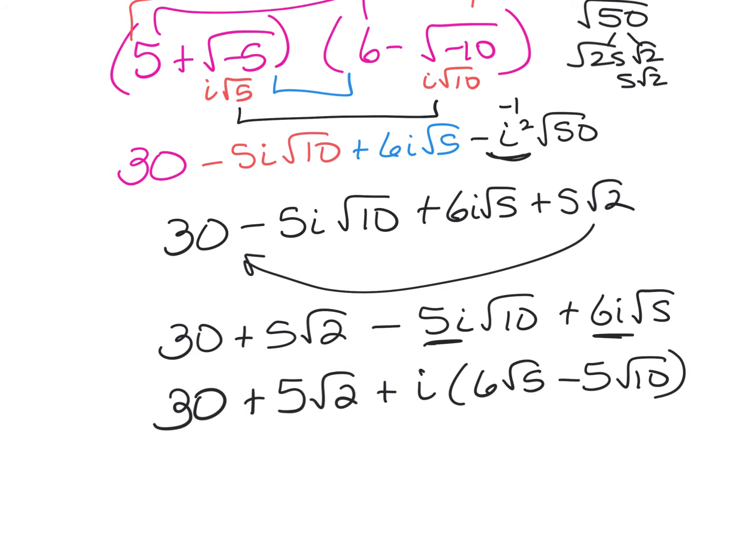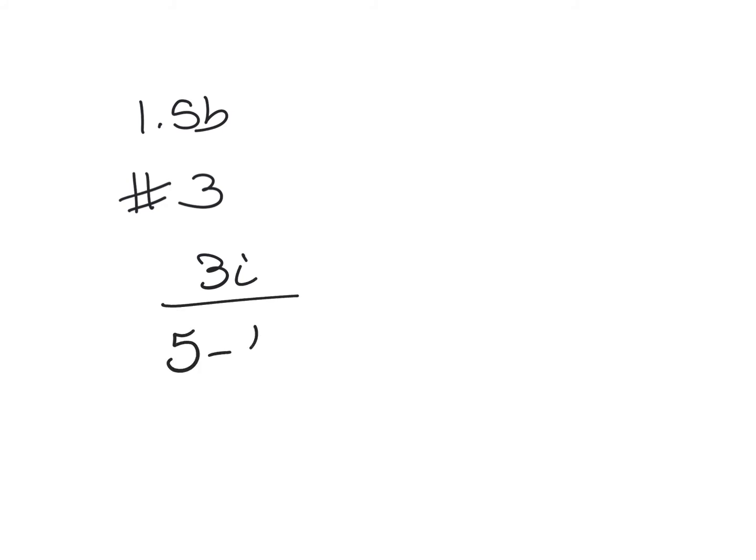Okay. All right, number 3, same homework, 1.5b. And let's see what we got here. Okay, so it's 3I over 5 minus 9I squared. Is that your question? Yeah.